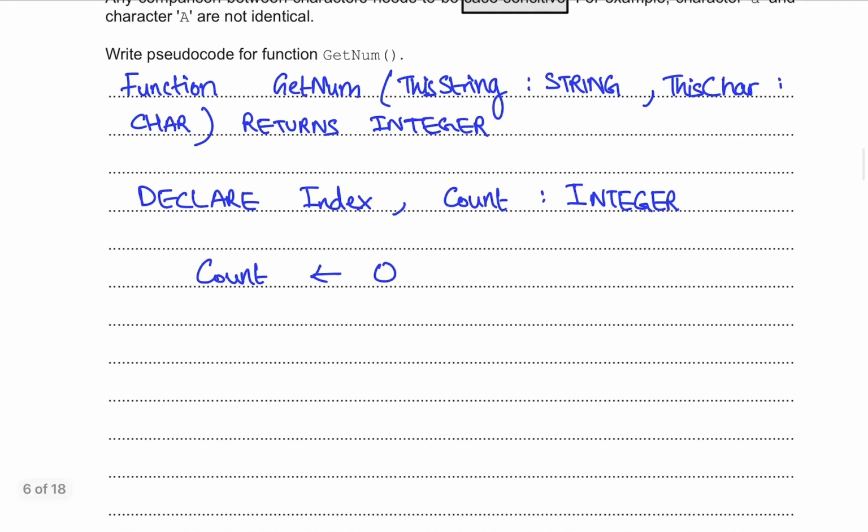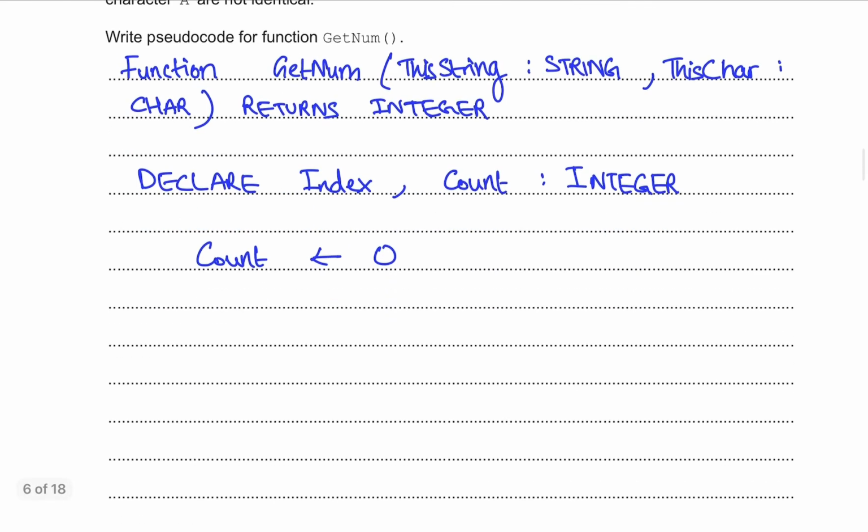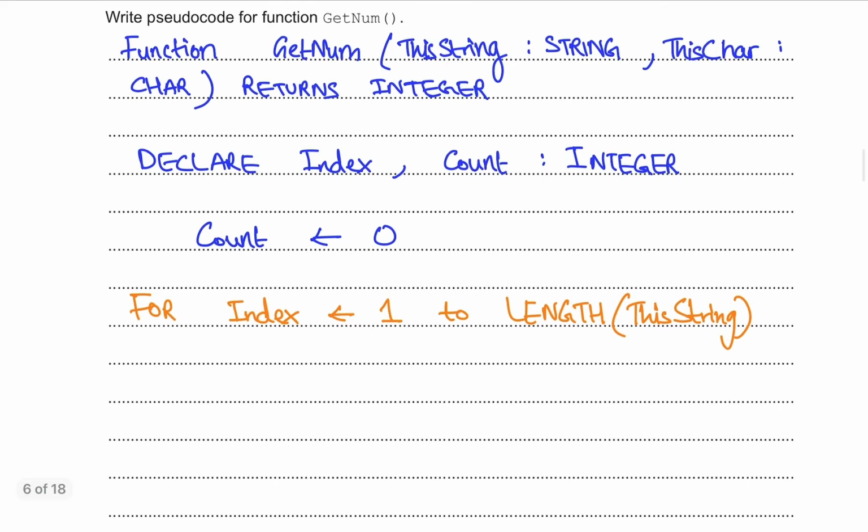For index, you're going to use a for loop for index 1 to length. This is the name of the variable length, of this string parameter.